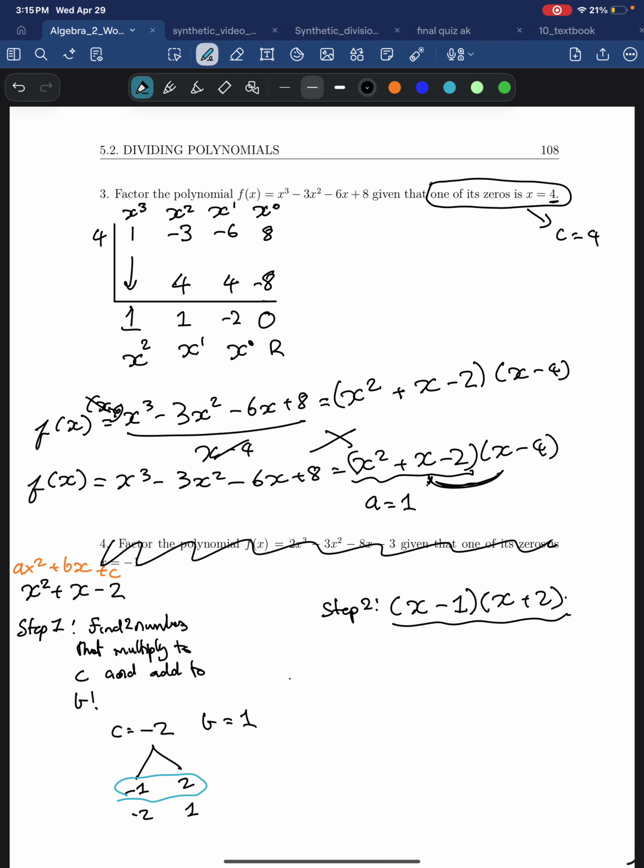So what we have now, our final answer, I know this is not the best arrangement of work. Final answer is going to be x cubed minus 3x squared minus 6x plus 8 is equal to, so now instead of the quadratic equation, I have x minus 1 times x plus 2 times x minus 4.